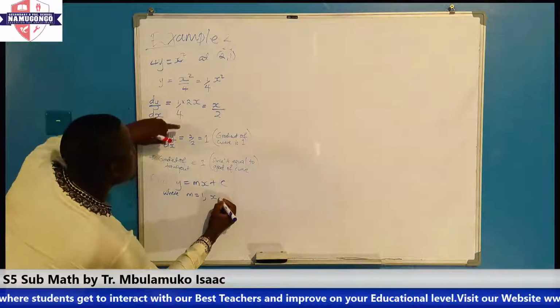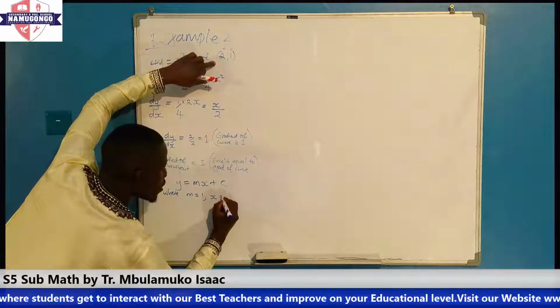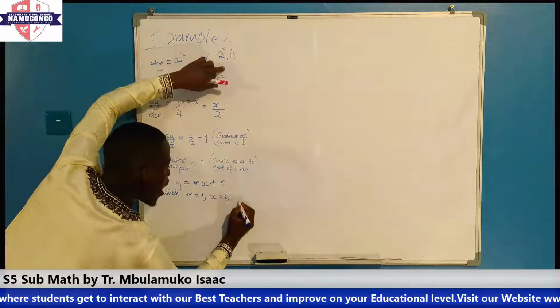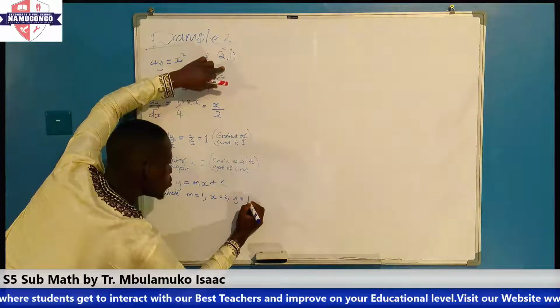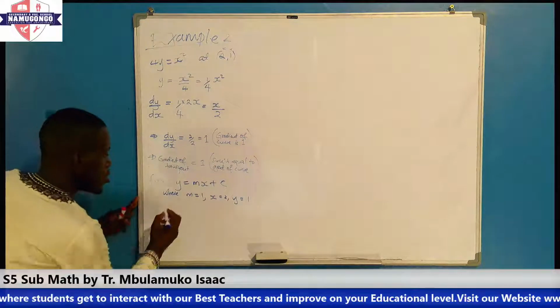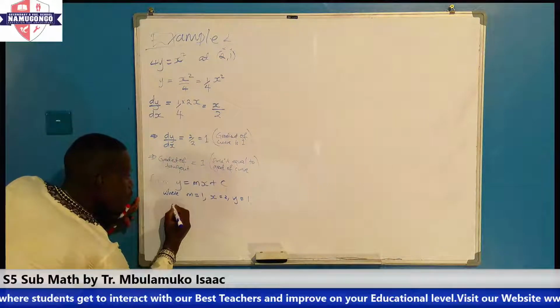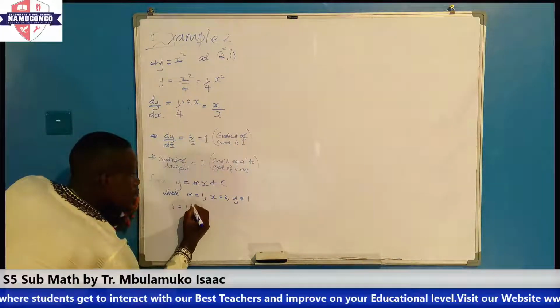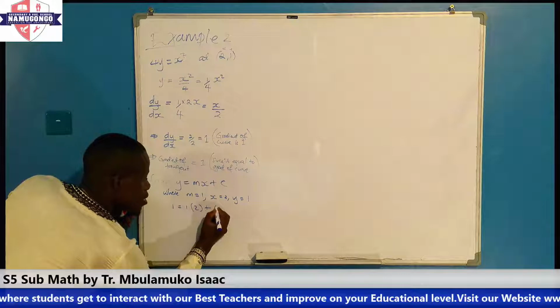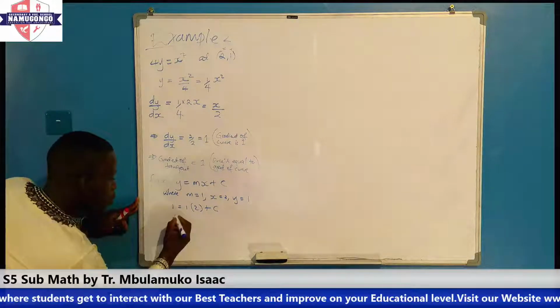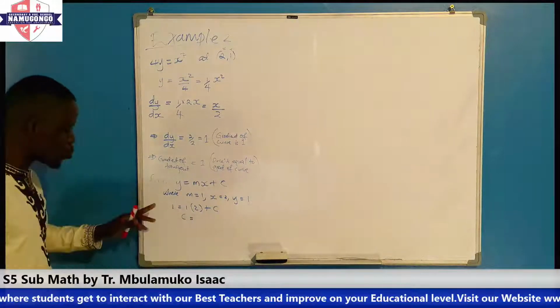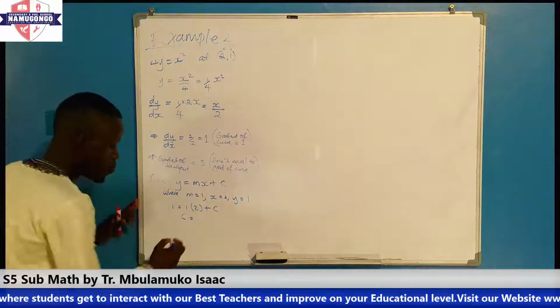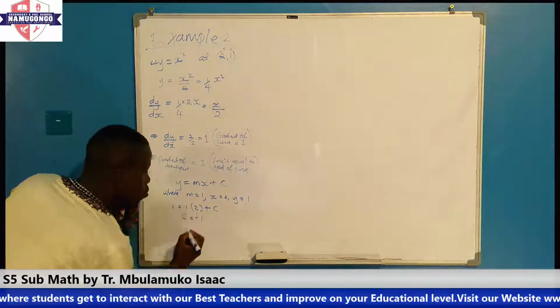From the point we have that x is 2, and y is equal to 1. So when we substitute in that equation, we shall have 1 is equal to 1 times 2 plus c. So what shall we get? c is equivalent to 1 minus 2, which is negative 1.